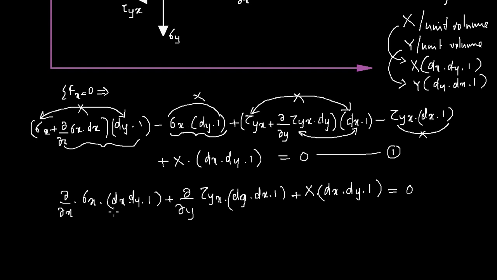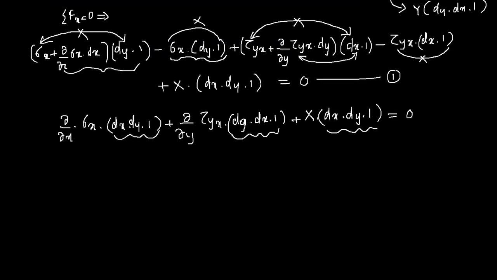And as you can see, dx times dy times 1 are three common terms, and therefore you can cancel that as well.